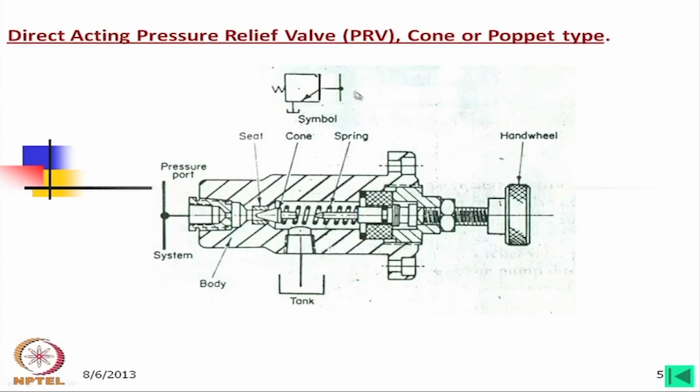Now, one important thing, look at the symbol. What symbols did we learn in the second lecture? This is different from that. You see, as it is a direct one, there is no pilot line.